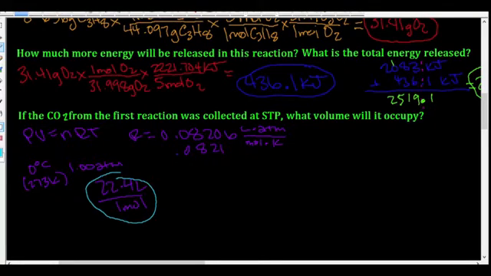But, okay, so the first reaction produced, assuming 100% yield, 123.8 grams of CO2, not O2, of CO2 times, and we need to convert it to moles, right?